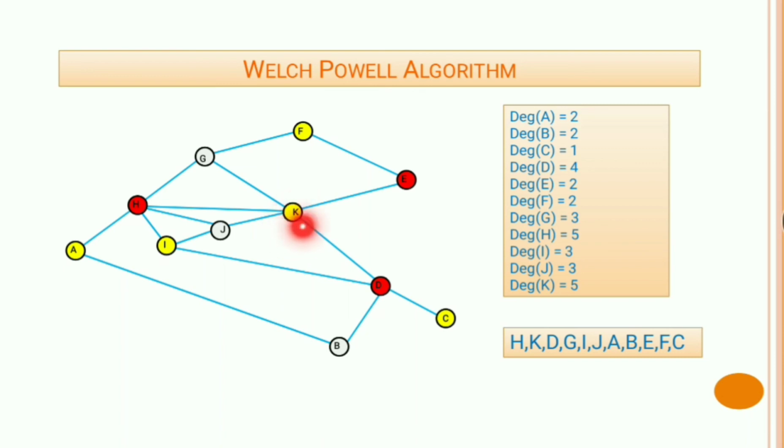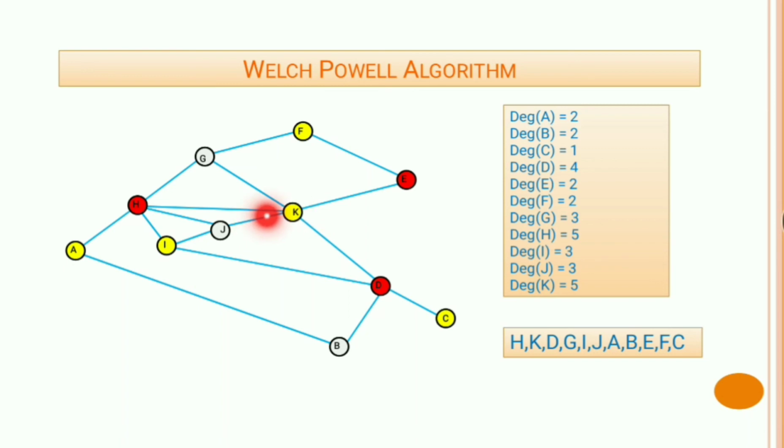After K I have D. D is already colored. After that I have G. G is adjacent to K, so it cannot be colored yellow. After G I have I, which can be colored yellow. After that I have J. J cannot be colored yellow because it's adjacent to K.